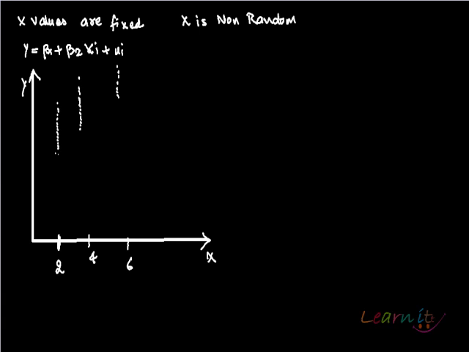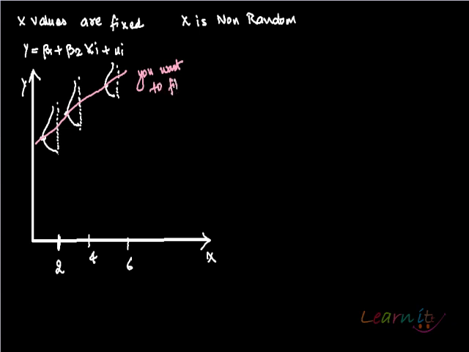Each of these values will have a distribution around their mean, and you can connect them, and actually you want to fit this line.